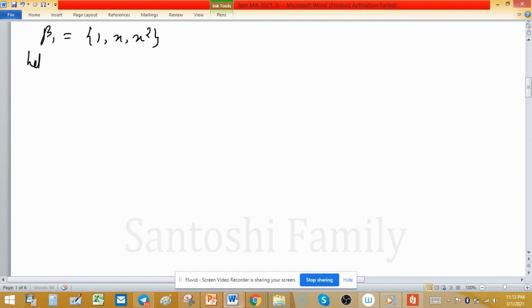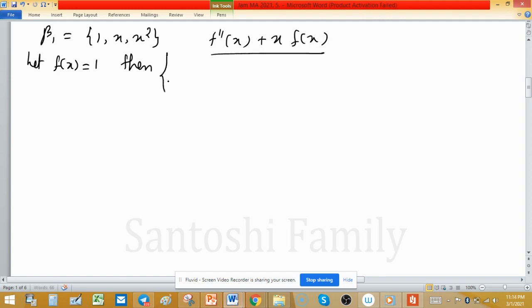Let f(x) be 1. The image is T sending input to f double prime x plus x f(x). This is the basic formation of the image. Then f double prime x will be 0 and x f(x) will equal x into 1.